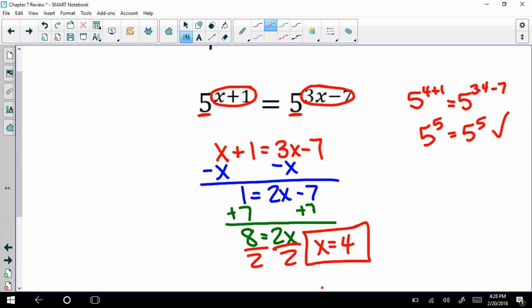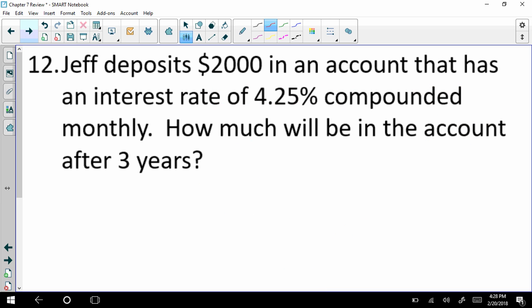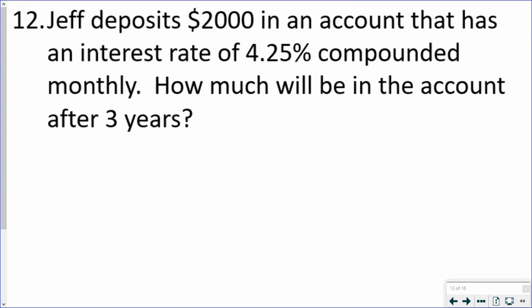Okay. Now, if the bases aren't the same, then we'll have to change them before you can set the exponents equal to each other. So there'll be a practice problem like that coming up soon. Okay? All right, here's your next problem. Time starts now.